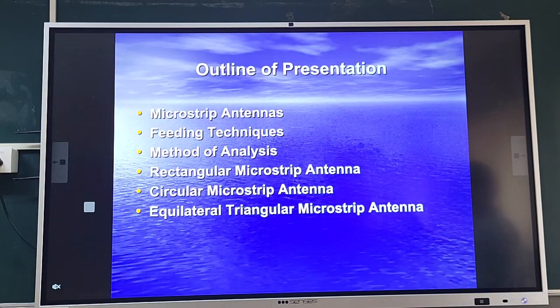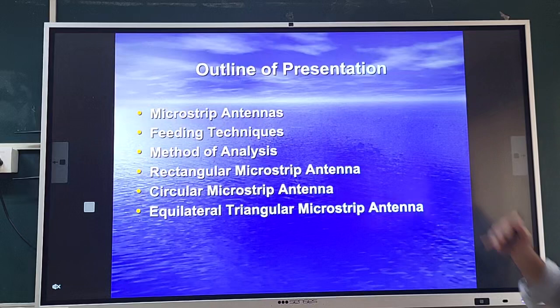Again, we are going to have a brief introduction to that, because the method of analysis topic itself is very vast. Each individual method of analysis is a topic in itself. So we are not going to get into the details of these methods, but we will try to understand how a particular method of analysis is employed.